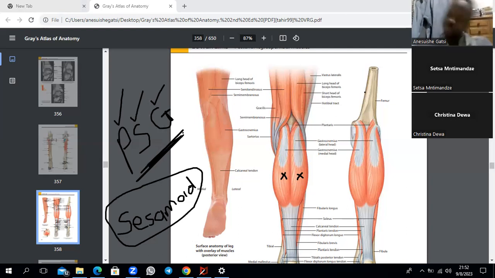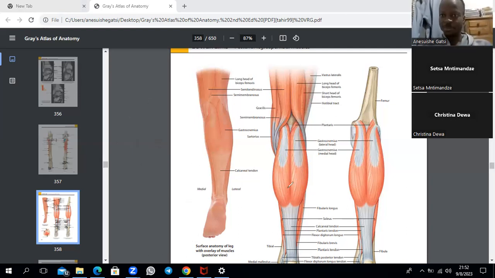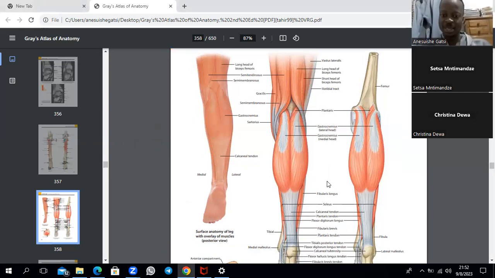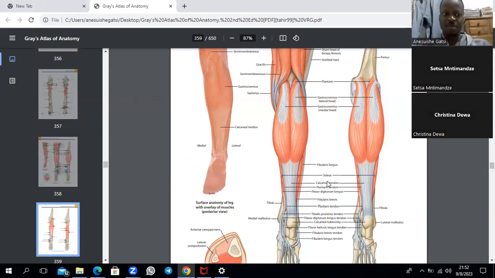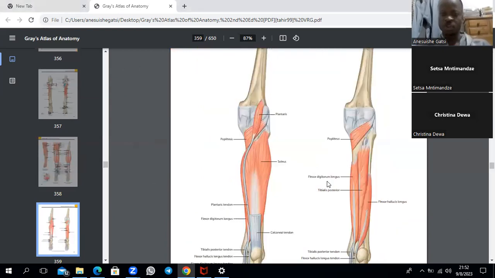Okay. So PSG. So this is the gastrocnemius. This gastrocnemius is fused with the S. Let me see if I can get a better picture. Okay, here. So this is your soleus here. This is simply because the gastrocnemius has been removed, but the two are tightly joined together.